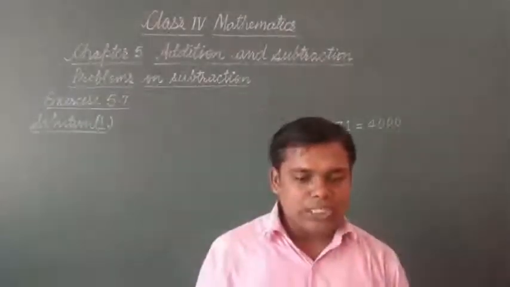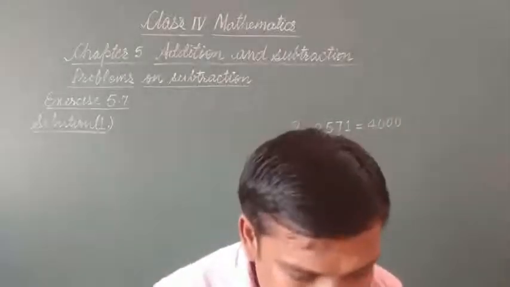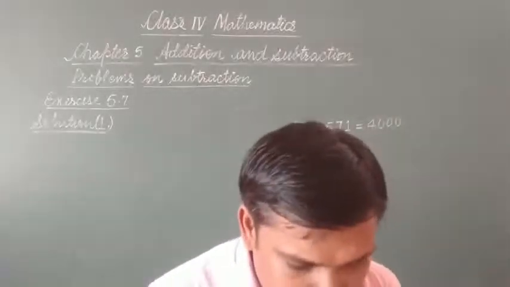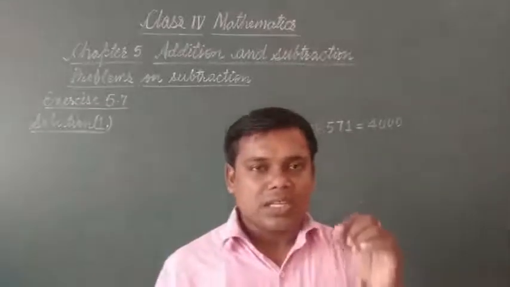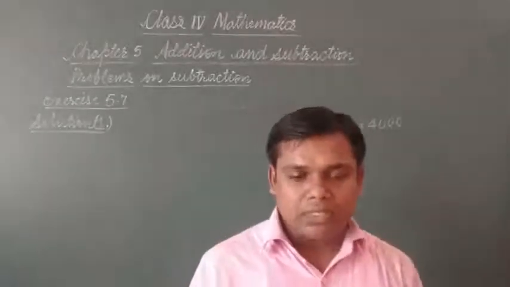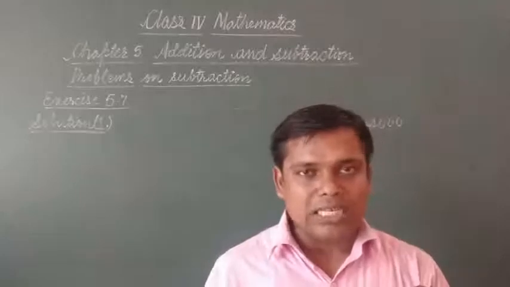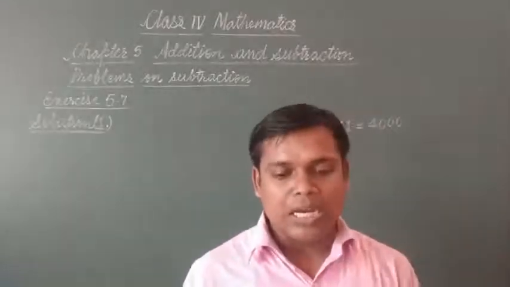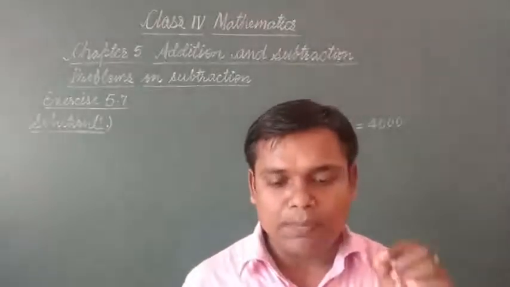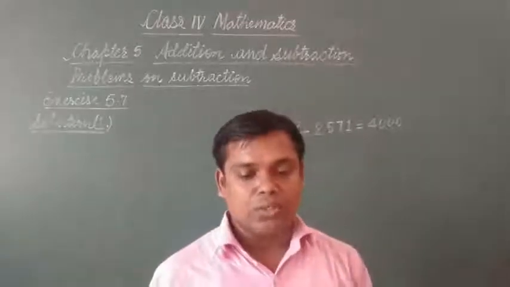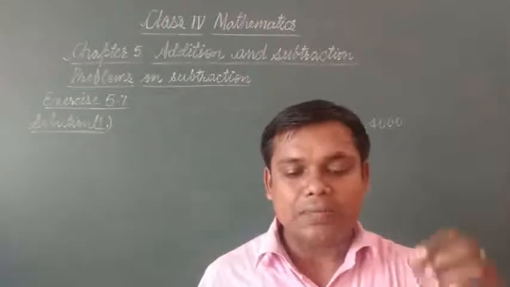You can also see question number 7. I subtracted a number from 9024 and got 4159 as the answer. Which number did I subtract?